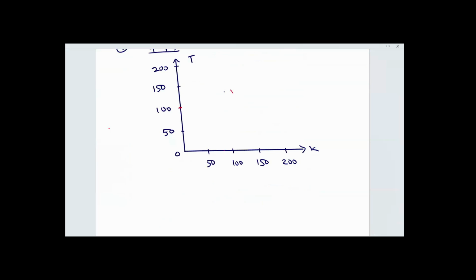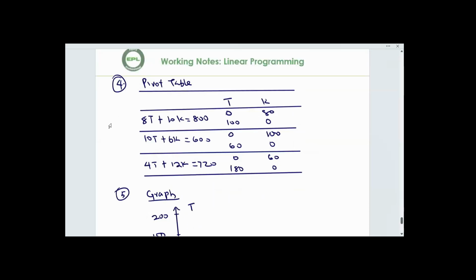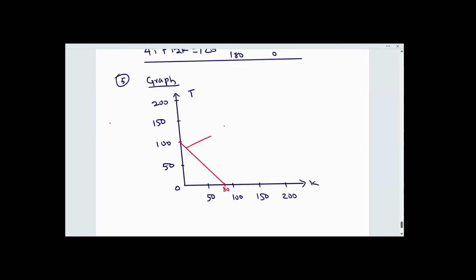So 80 will be somewhere around this place. Here will be 80. Then you join the two together. Okay? So write out the equation. This is equation 8T plus 10K equal to 800.